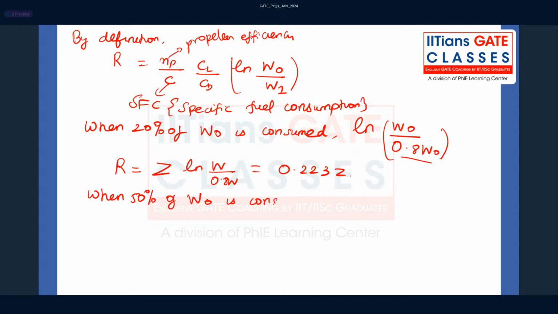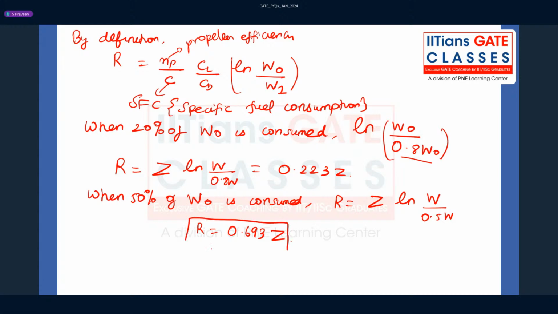So my R would simply be Z times ln of W by 0.5 W. That will give you the value of 0.693 Z. Now, what is my Z? Let's bracket this first.